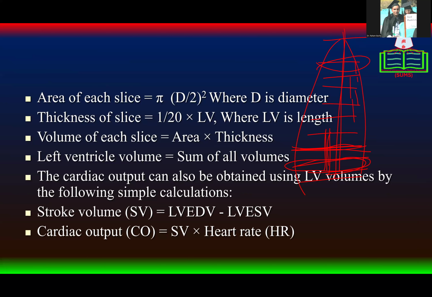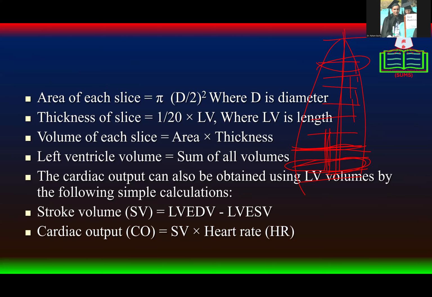From that left ventricular volume during systole and diastole, we'll be able to calculate the stroke volume very easily, because if we know the left ventricular end-diastolic volume and left ventricular end-systolic volume, then the difference between these two volumes will be the stroke volume.